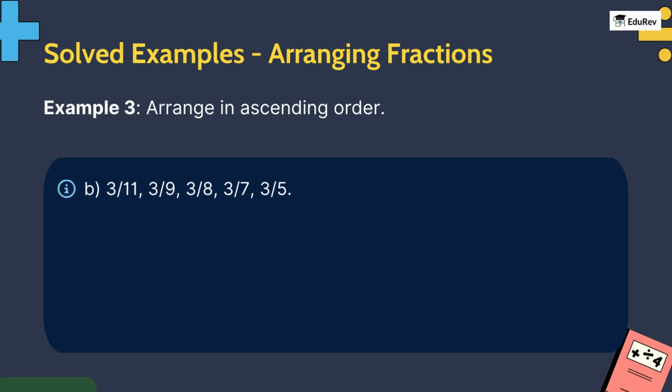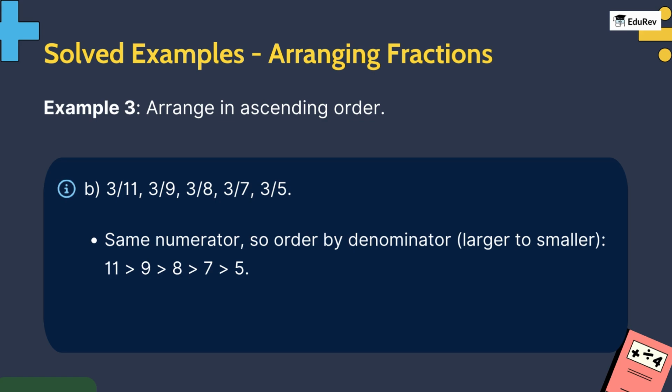For B, with 3 elevenths, 3 ninths, 3 eighths, 3 sevenths, and 3 fifths, they have the same numerator. Here, we order them by the denominator from largest to smallest, 11 is greater than 9, which is greater than 8, and so on. The answer is 3 elevenths, 3 ninths, 3 eighths, 3 sevenths, and 3 fifths.